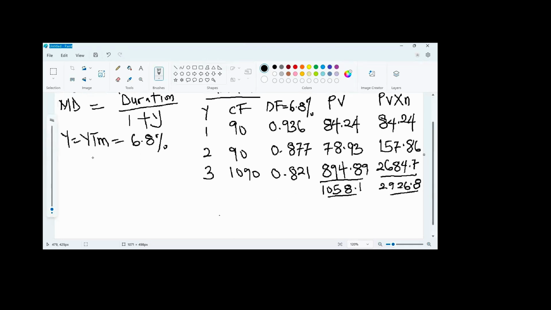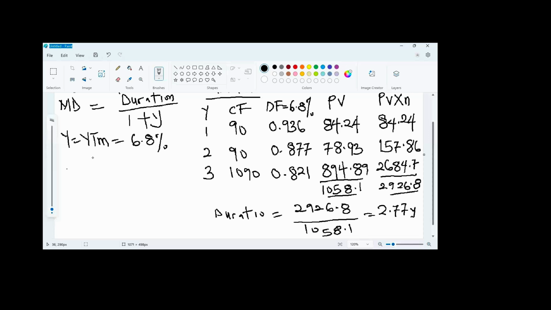Our duration is equal to 2926.8 divided by 1058.1. That will give us 2.77 years. Thank you. We have gotten the duration.